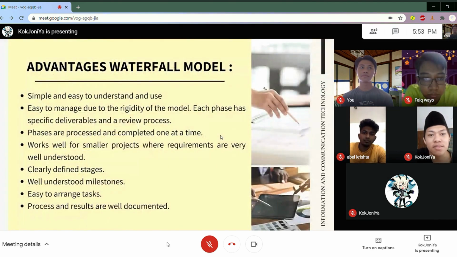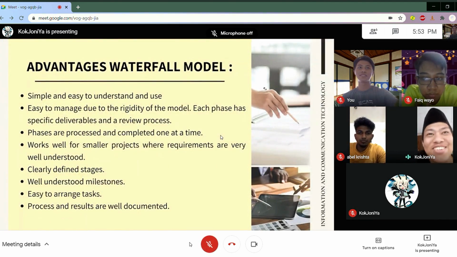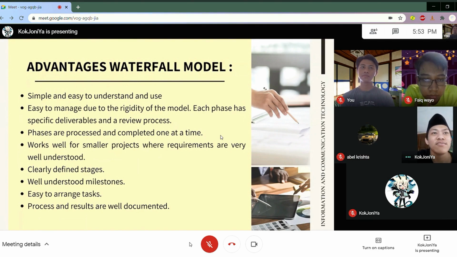Next, I'm going to talk about the advantages of the waterfall model. First, it is simple and easy to understand and use. Second, it is easy to manage due to the rigidity of the model. Each phase has specific deliverables and a review process.